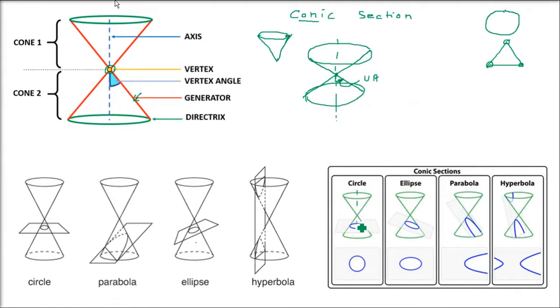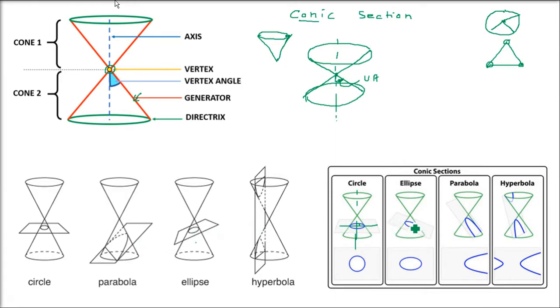Just cut this. So this is the axis, and the plane which is cutting this cone is perpendicular. That is, the angle between these two is pi by 2. So a circle is what? Circle is a point which is moving such that its distance from one point always remains the same.